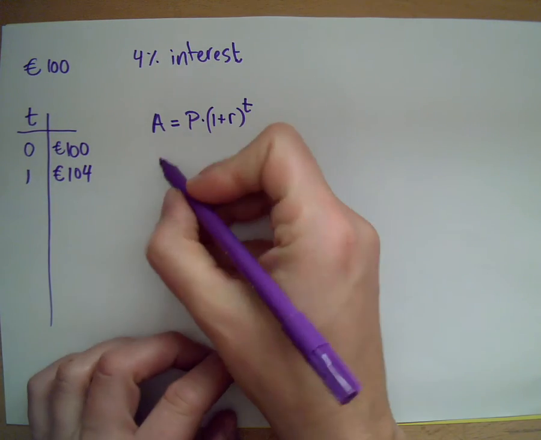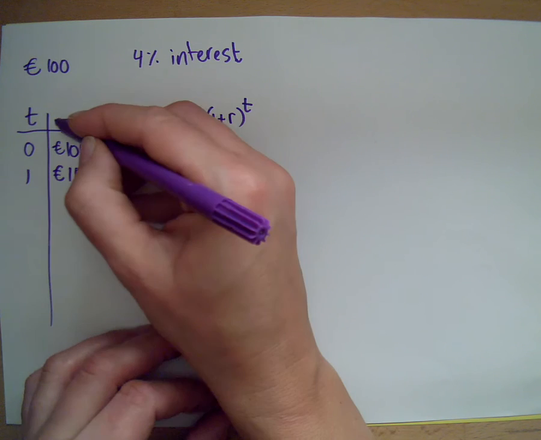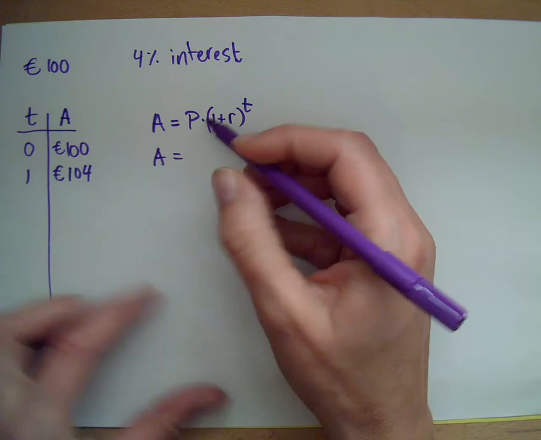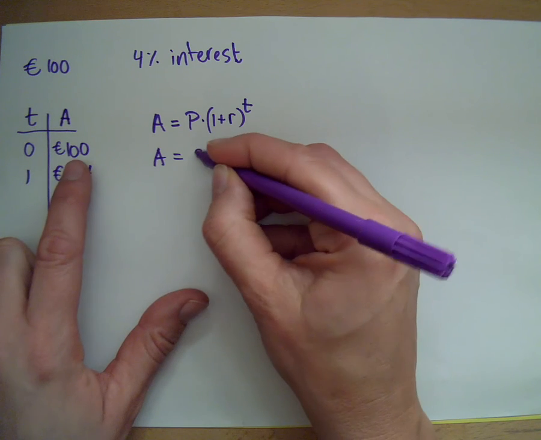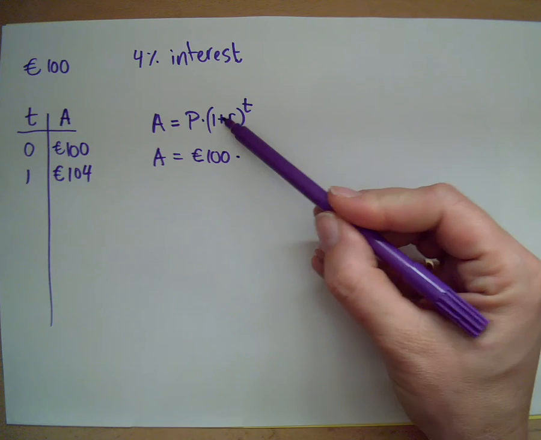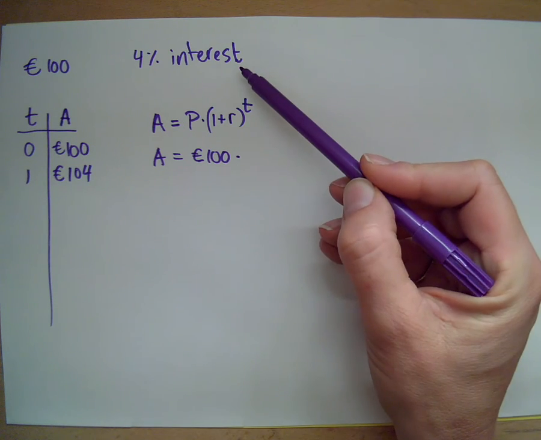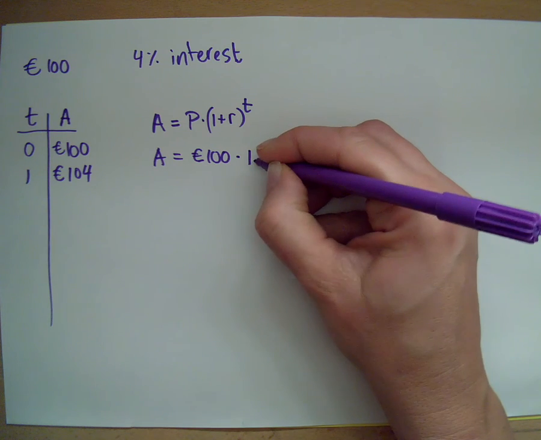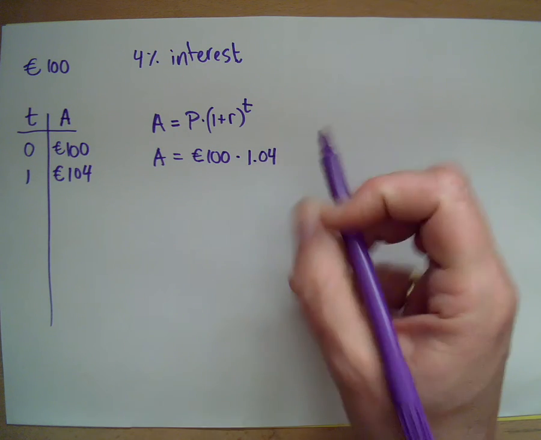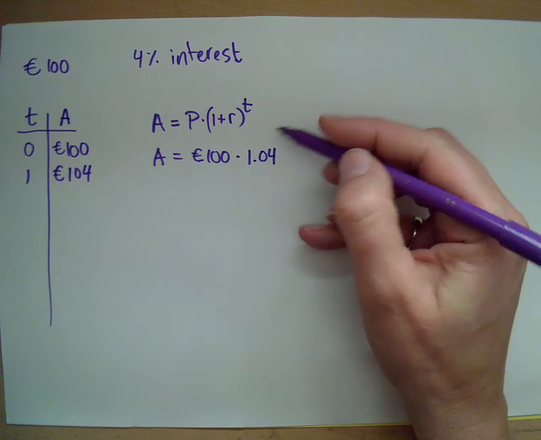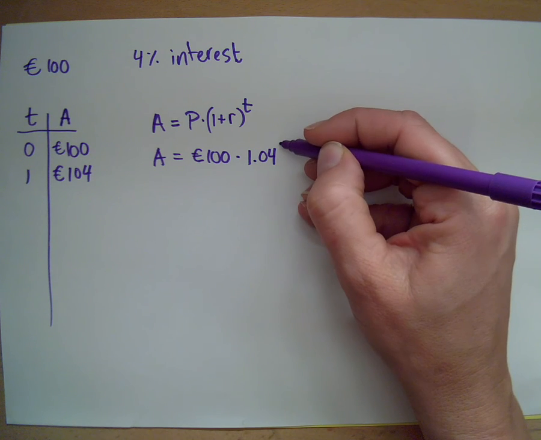In this case, it would be the amount in the bank, we're calling it A, equals the 100 euros we started with, times 1 plus the interest rate as a decimal. That would be 1.04, right? 1 plus 4%, 4/100ths, to the power of t.